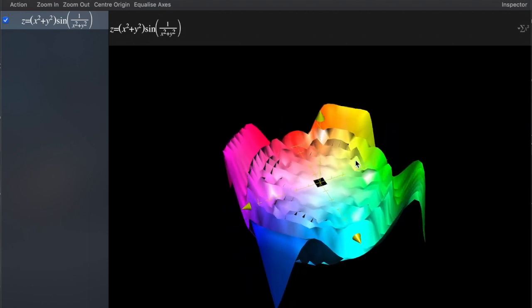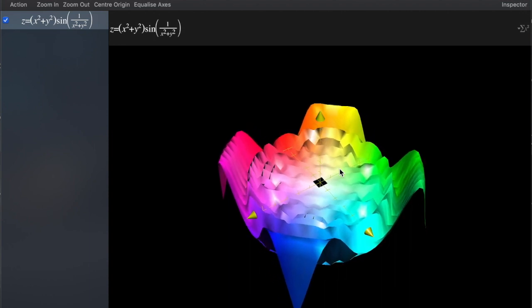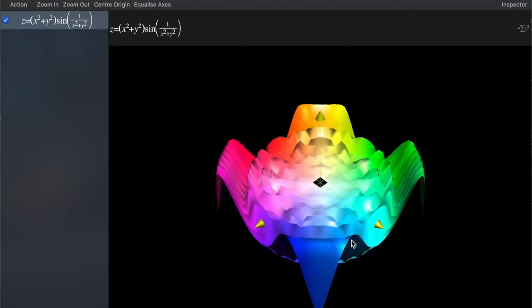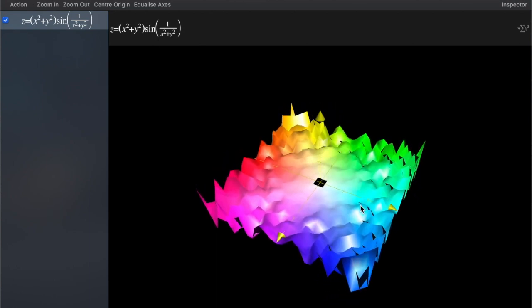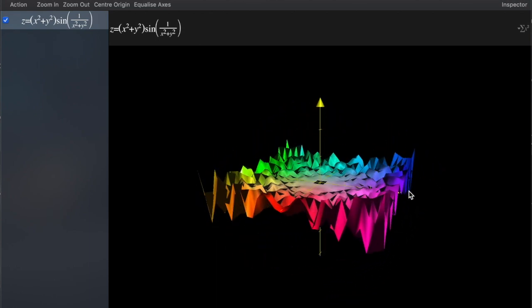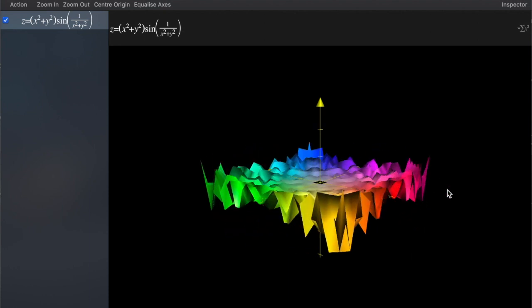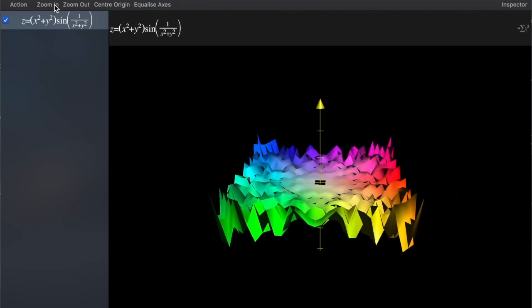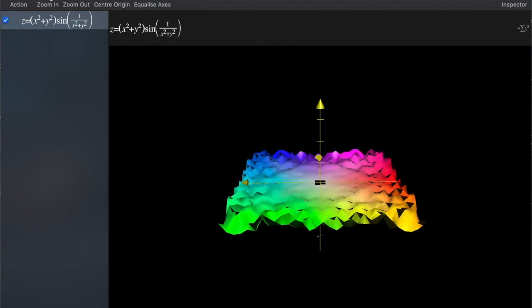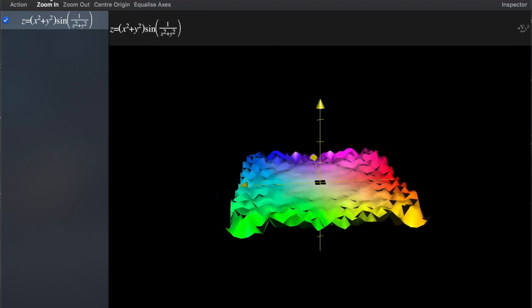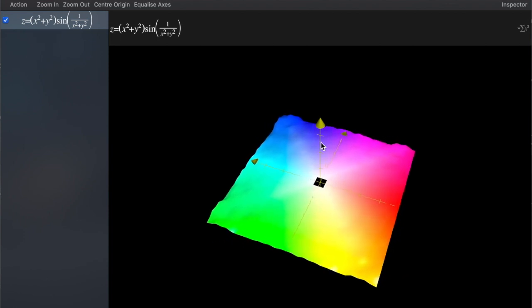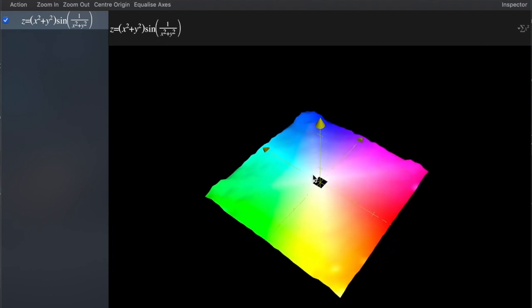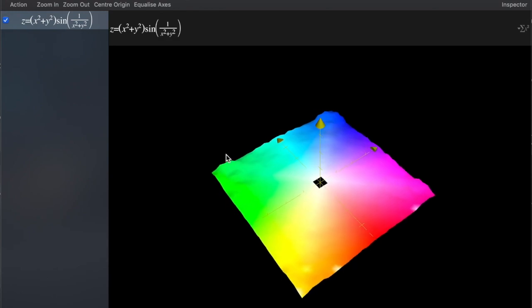So remember that sine of 1 over x squared jumps a lot as it approaches 0. So you can sort of gain intuition on why this function had very strange partial derivatives. Nevertheless, as you zoom in closer, it becomes flatter and flatter, becomes really flat. So at the origin, in some neighborhood, we can approximate it with a plane.